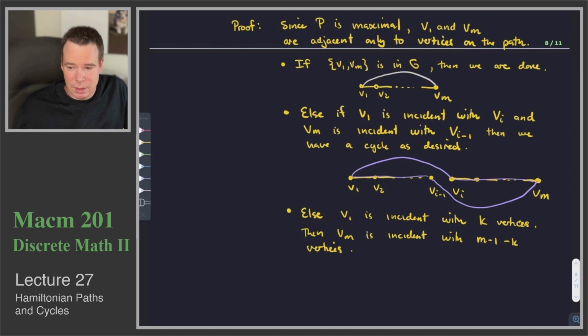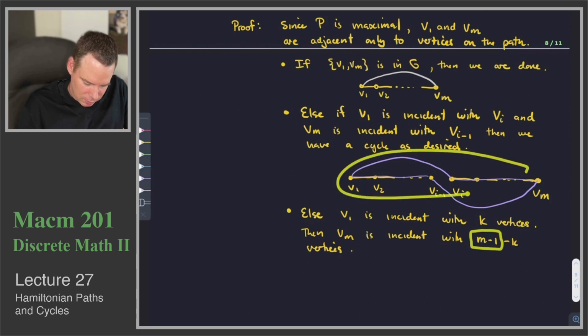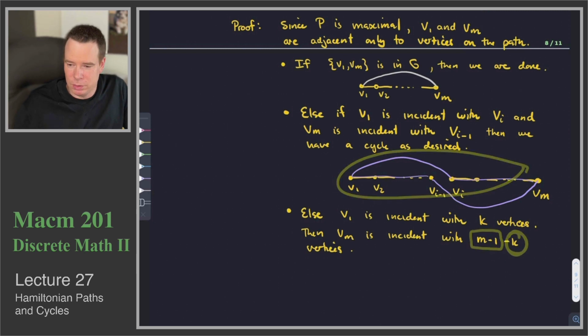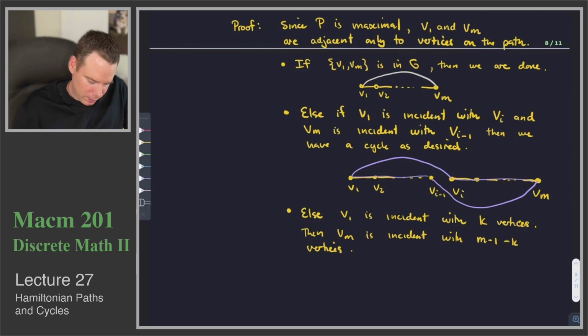If V1 is adjacent to k vertices, then there are k vertices that Vm can't be adjacent to. So of all of the vertices it can be adjacent to, m minus one of them, we had to remove k of them that it's not allowed to be. And so that's how many are left for it to be adjacent to, m minus 1 minus k.